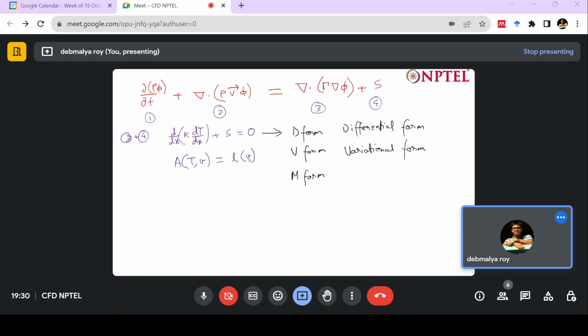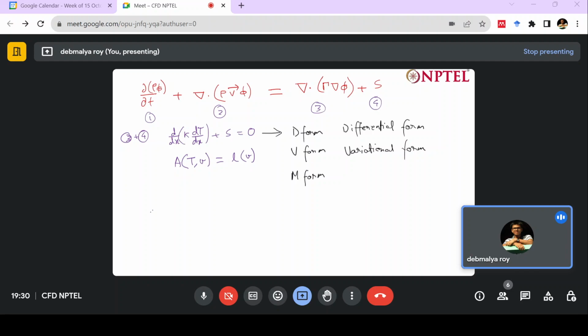What is A and what is L? A is a bilinear operator and L is a linear operator. How do we arrive at this equation? We take the integral over the domain using a variational parameter, and using integration by parts we boil it down to this particular equation.